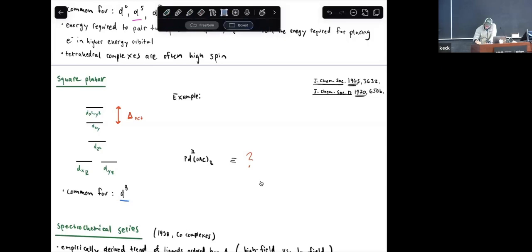One example that we can consider as a class is one of our, in this department, most favorite and commonly encountered square planar d8 metals, and that is palladium acetate. And so maybe I can pose this to someone in Jin's group. Anybody want to take a stab at this?